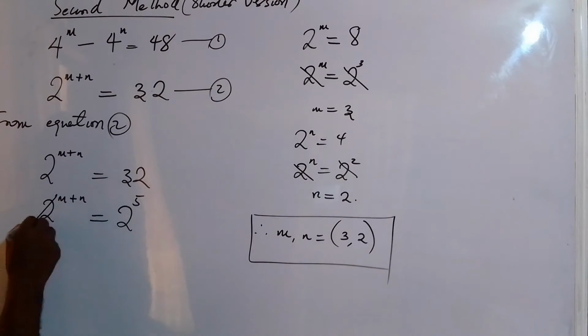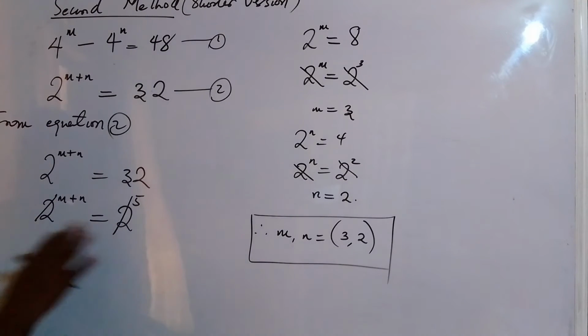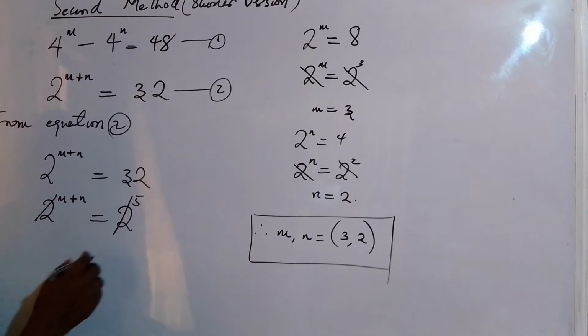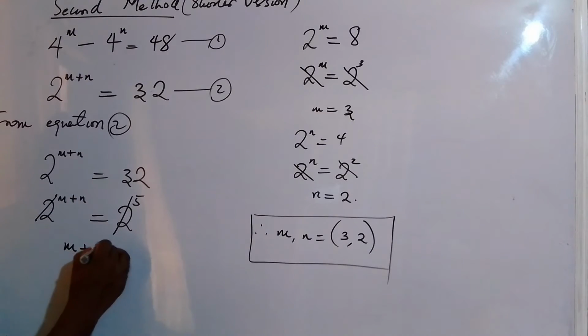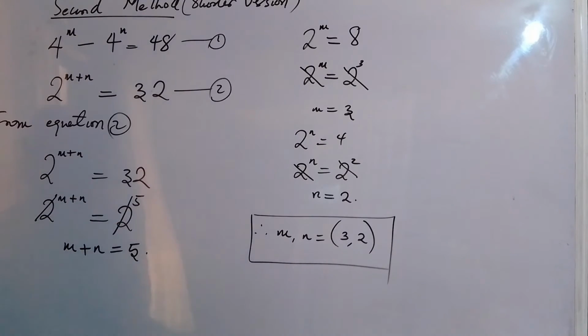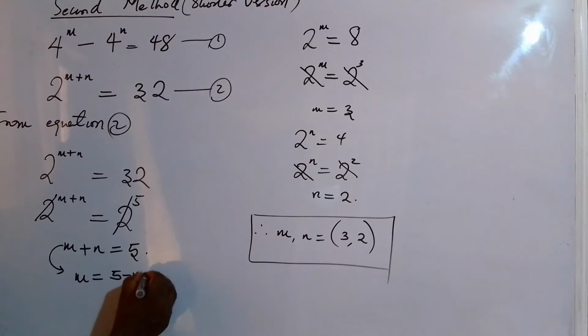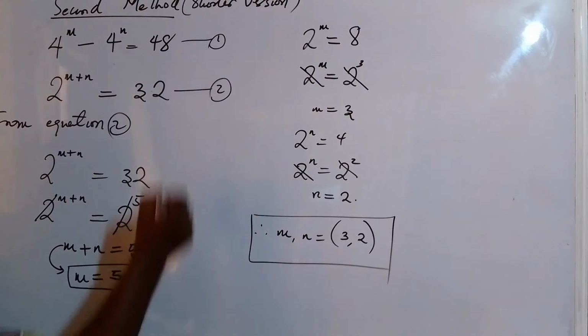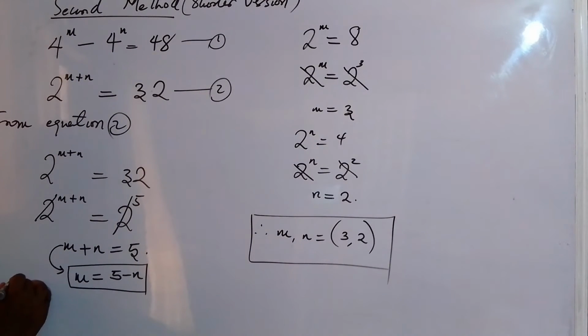So the bases on both sides undo each other, and I have m plus n equal to 5. From here I can get that m equals 5 minus n. So I take this and substitute into equation 1.